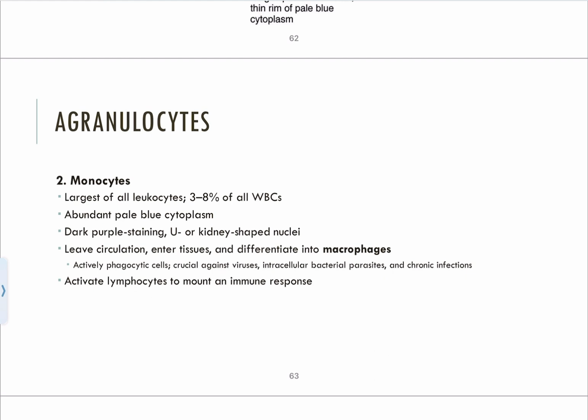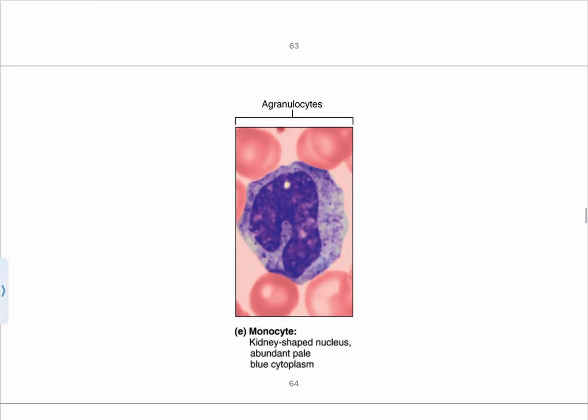And macrophages are really, really phagocytic cells, and they are crucial to our body's defense against viruses and other bacterial pathogens, as well as chronic infections, including tuberculosis. But again, we'll talk more about their role when we hit chapter 21. And here's a monocyte, and we can see we have this U-shaped nucleus, kind of a distinguishing characteristic of it.